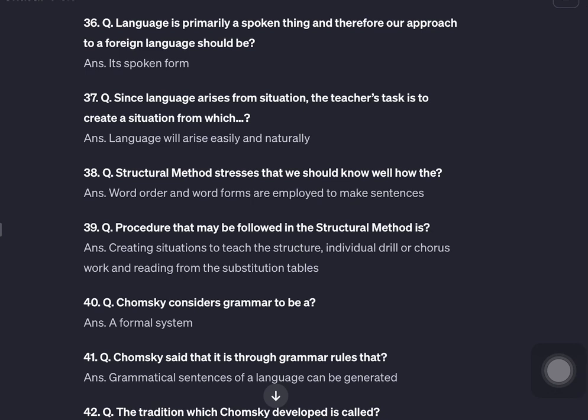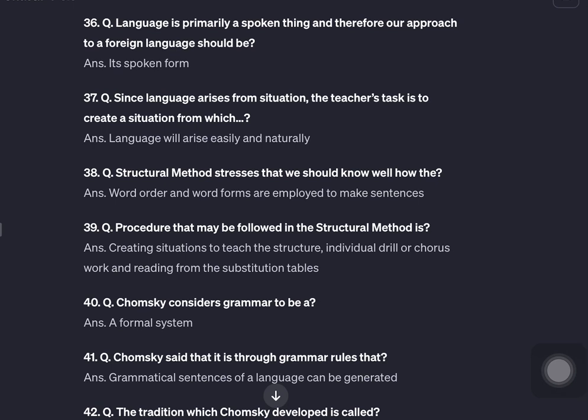Q. Structural method stresses that we should know well how the? Ans. Word order and word forms are employed to make sentences. 39. Q. Procedure that may be followed in the structural method is? Ans. Creating situations to teach the structure, individual drill or chorus work and reading from the substitution tables.